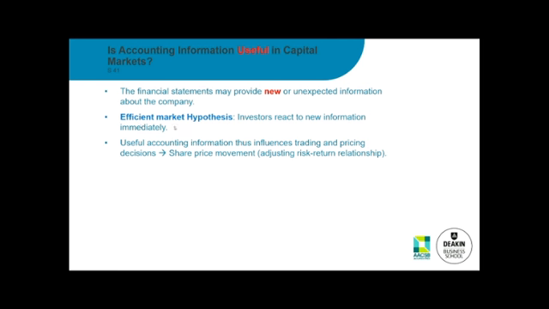We have weak, semi-strong and strong. And in Australia, our markets are semi-strong, which means they take into consideration all publicly available information, both past and current, but not private information. So this is useful for trading purposes, and as we said, the share price gets adjusted based on this information.